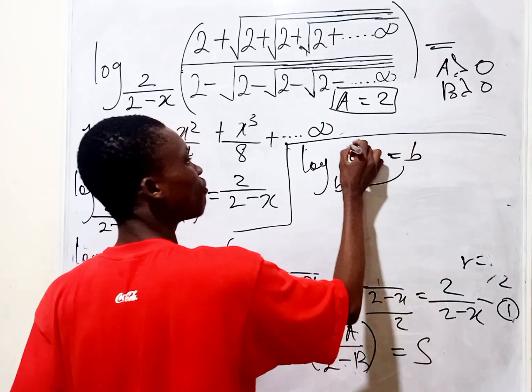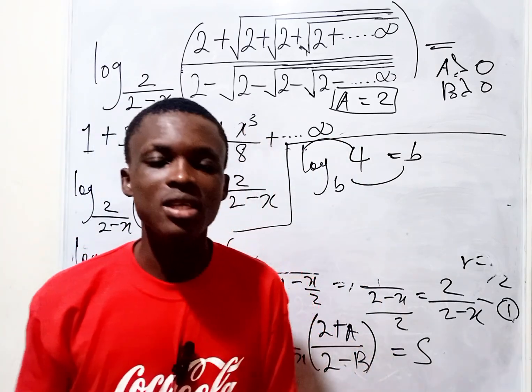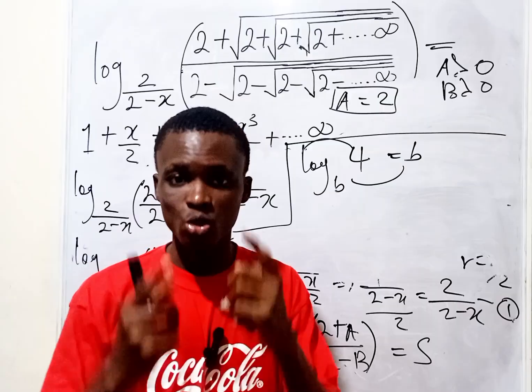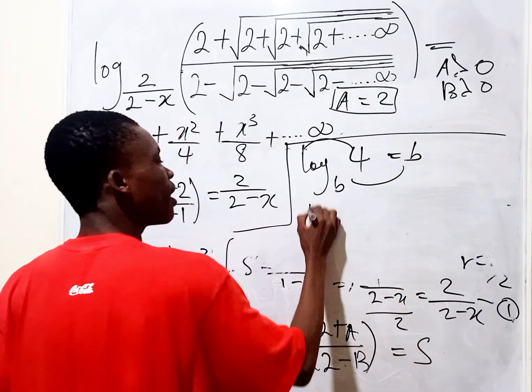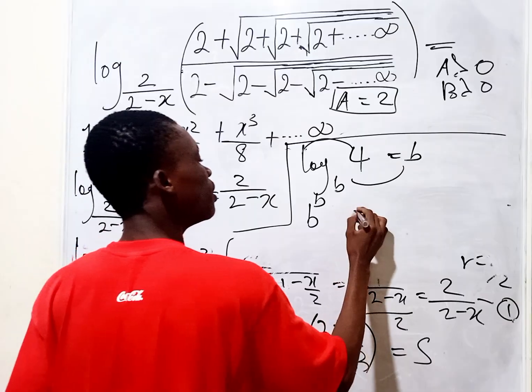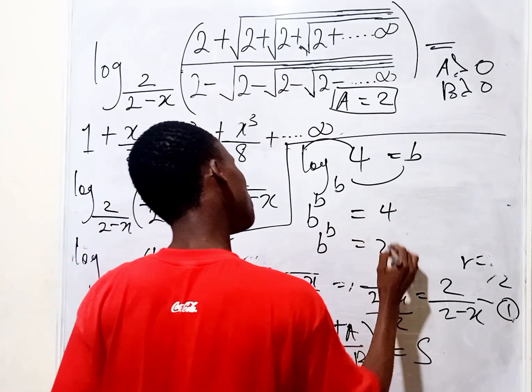Now we are going to obey the law of logarithm. The law of logarithm states that the log of a number to a certain base is the power to which the base must be raised to obtain that number. So we have b raised to power b equals 4, so b raised to power b equals 2 raised to power 2.